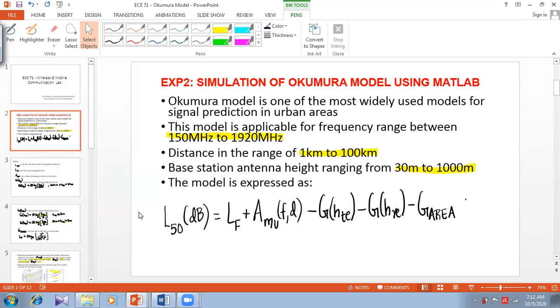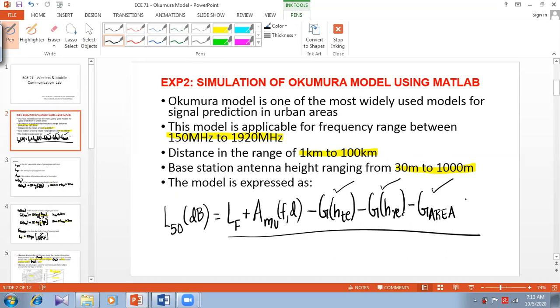And something which is again interesting, which is worth mentioning, if you have noticed in this model provided by Okumura, wherever there is gain, like GHT indicates the gain of your transmitting antenna height. Similarly, GHRE for your receiving antenna height, and G area is pertaining to a given area, what would be the gain.